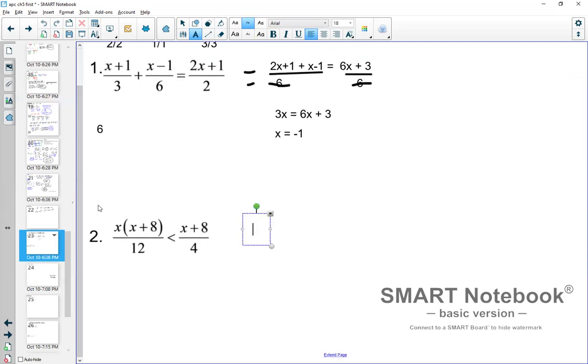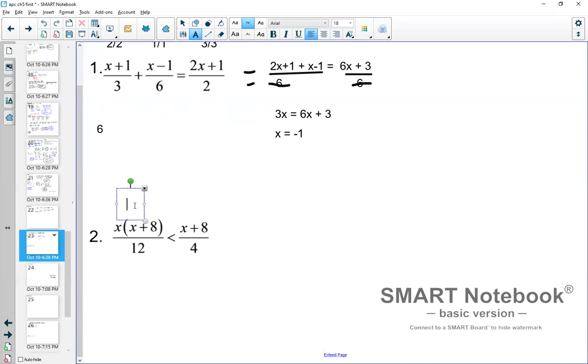All right, this one. So this one's x plus 8 over 12 is less than x plus 8 over 4. Now we're going to return to some of our favorites, the inequalities, which means we have to both graph and write the inequality on a number line. Let's first set it up so we have equal denominators on both sides. What we need is a common denominator between 12 and 4.